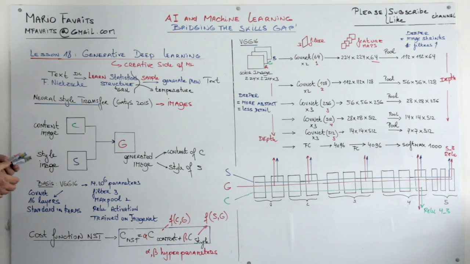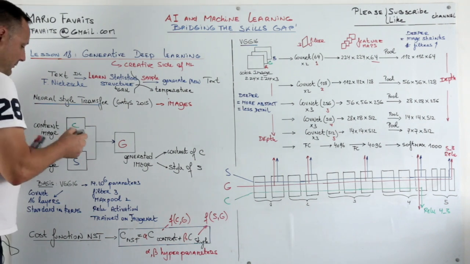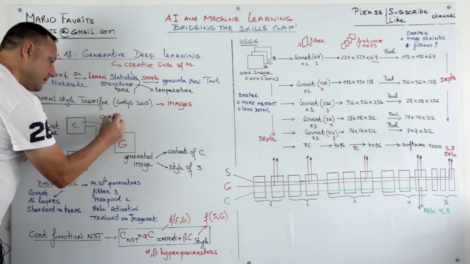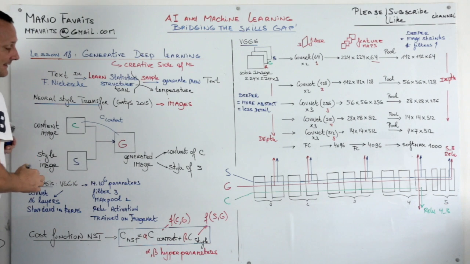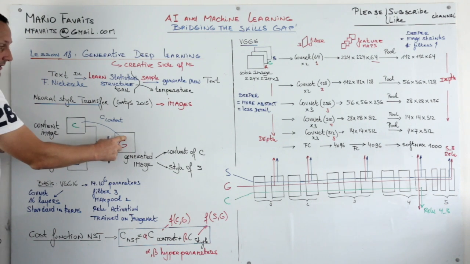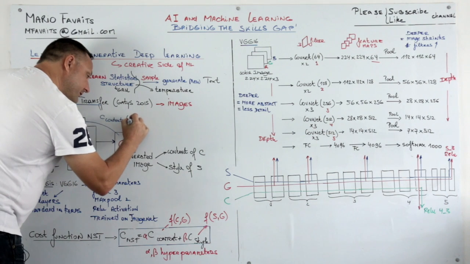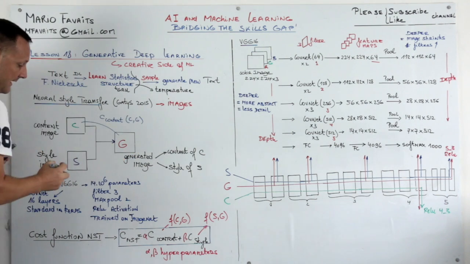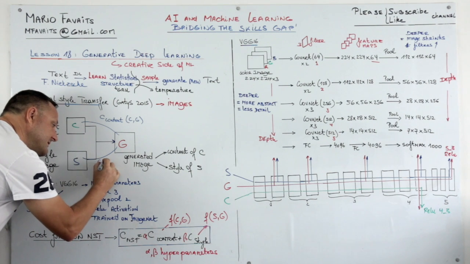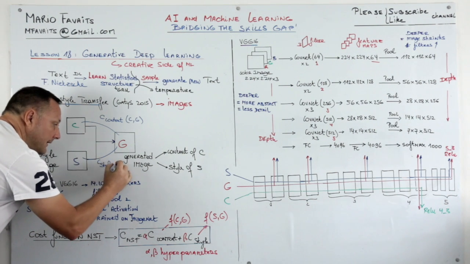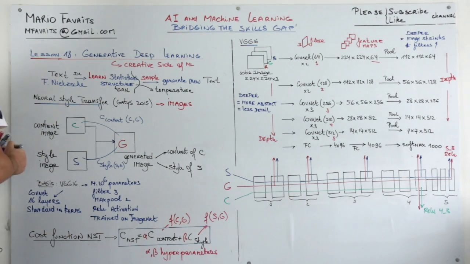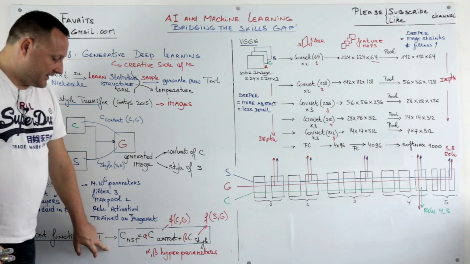So if we need to define a cost function, we will have a content cost that defines how similar the content of C and G are. So this is a function of C and G. And then we have another cost function that we call the style cost, and that's a function of S and G. So this is exactly what I wrote here.